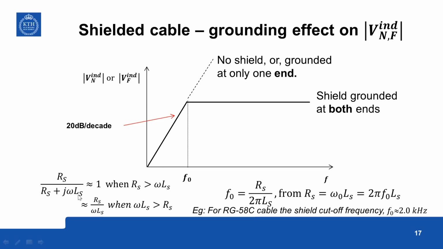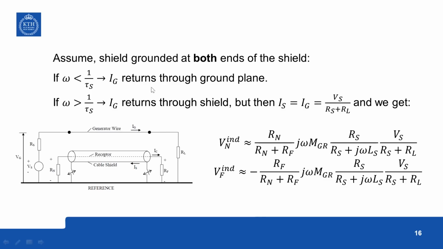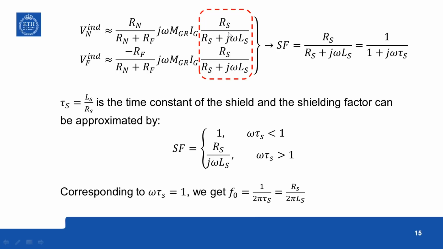So below that shield cutoff frequency, it is a 20 dB per decade increase, where the shielding factor is 1, so it is just j omega M_GR I_G. Now above the shield cutoff frequency, it becomes R_S plus j omega L_S.